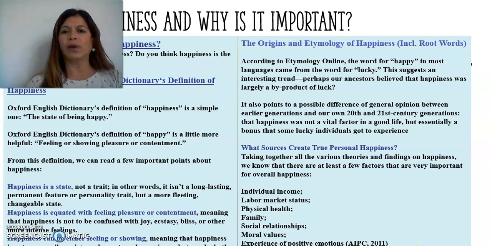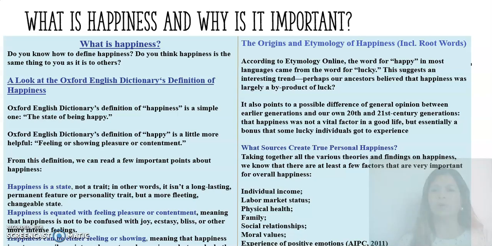The first thing that you have to do is to read the text, which is called What is Happiness and Why is it Important? In this text, you will find the definition of what is happiness. Then you will find the Oxford English Dictionary's definition of happiness, so read it. And then the origins, the etymology of happiness.